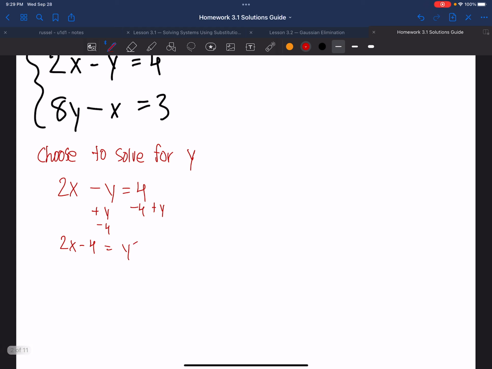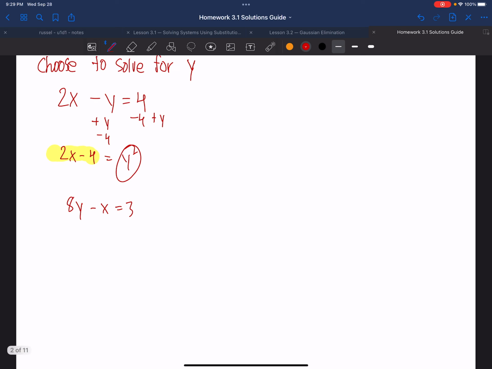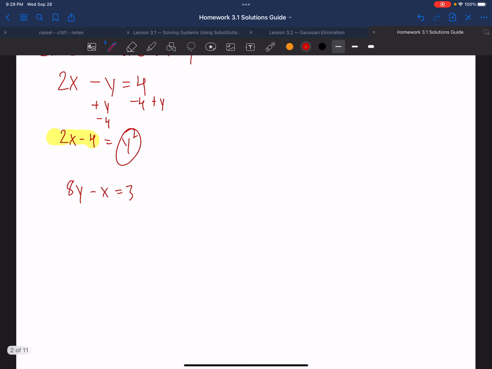So now that I have solved for y, I'm going to substitute this expression here into 8y. So now 8y minus x equals 3. I'm going to replace 8y with 8 times 2x minus 4, then minus x equals 3.